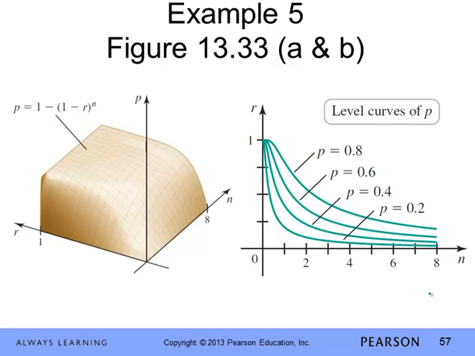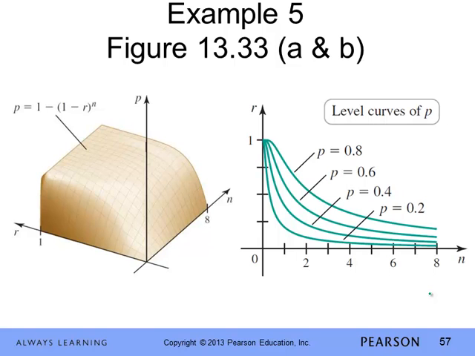Now, this two-variable function P is only defined for positive values for N and for R between 0 and 1. Does that make sense? So the domain of this function will be where R is between 0 and 1 and N is non-negative. P being a probability, we should expect the range for this function to be between 0 and 1.